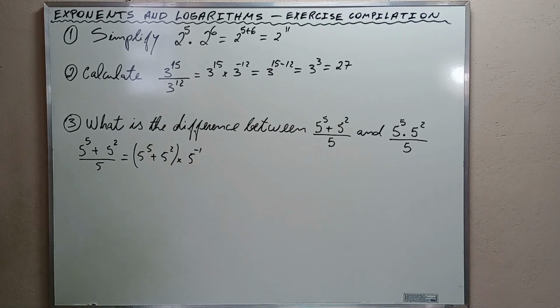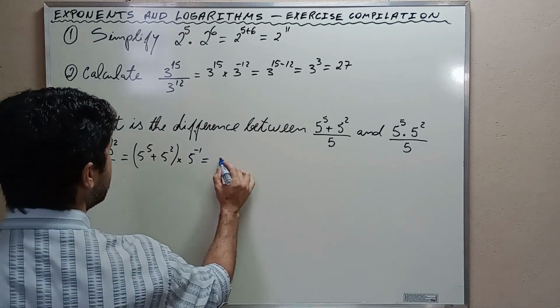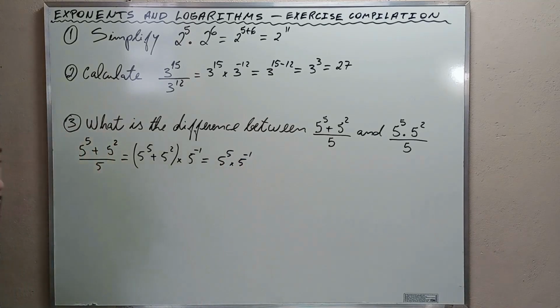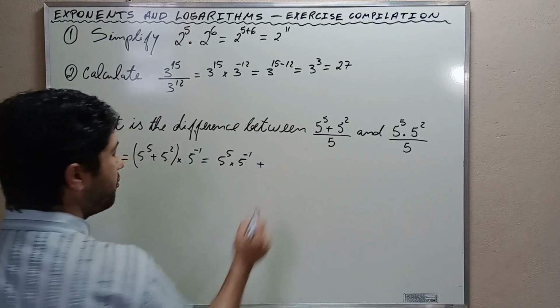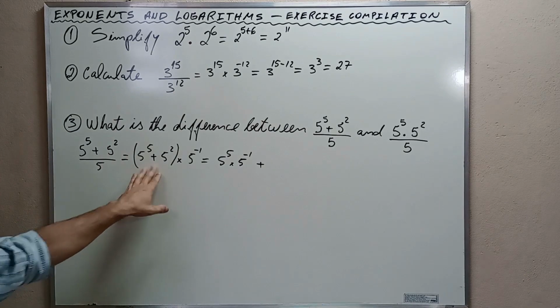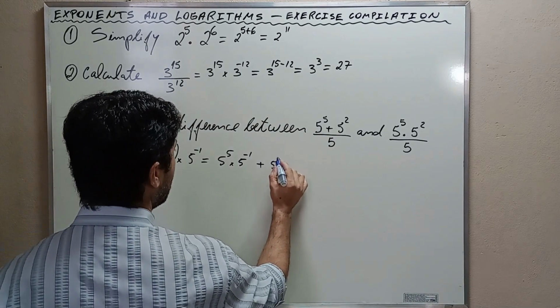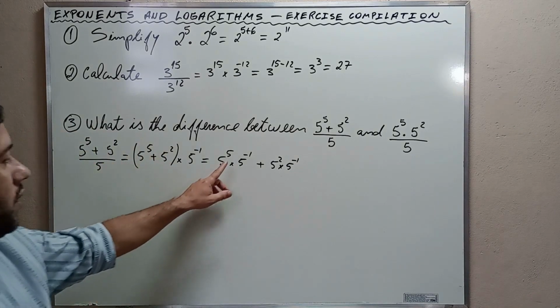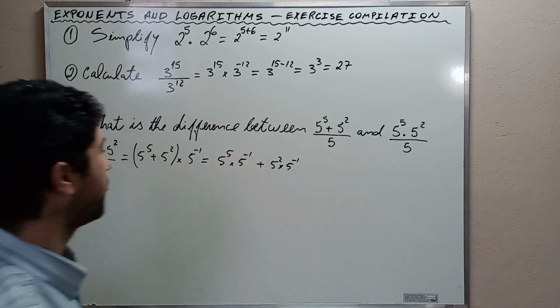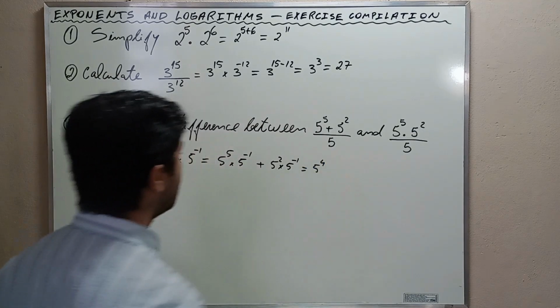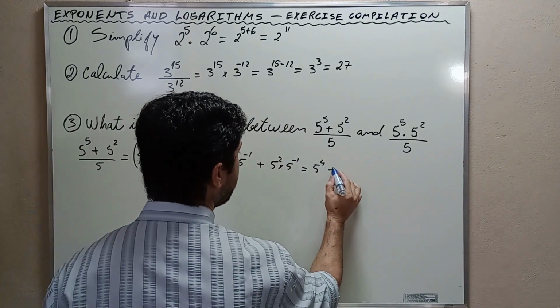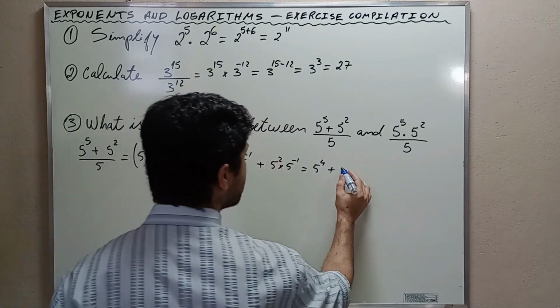Okay? And now we apply the distributive rule here, and the next step becomes 5 to the 5th times 5 raised to the power of negative 1 plus, the distributive rule applies to the addition, 5 squared times 5 to the negative 1, and here 5 minus 1 is 4. 5 to the 4th plus 2 minus 1 is 1, simply 5.